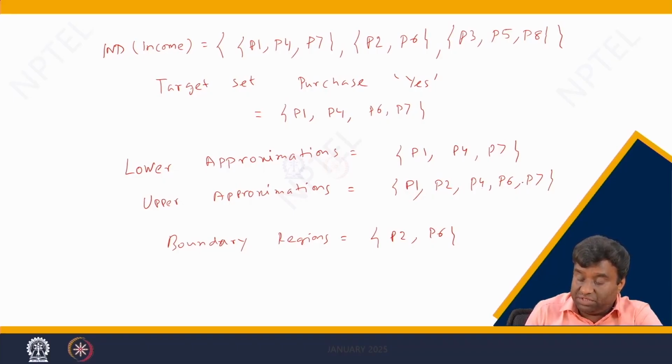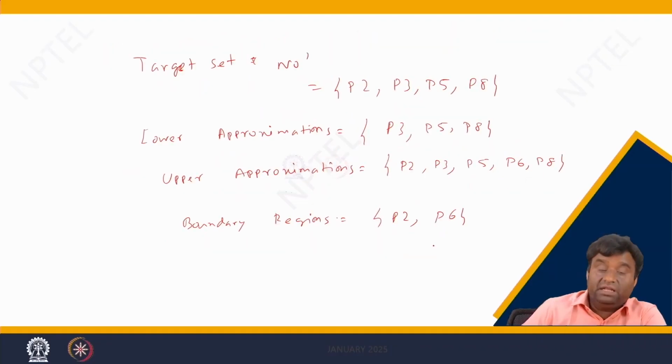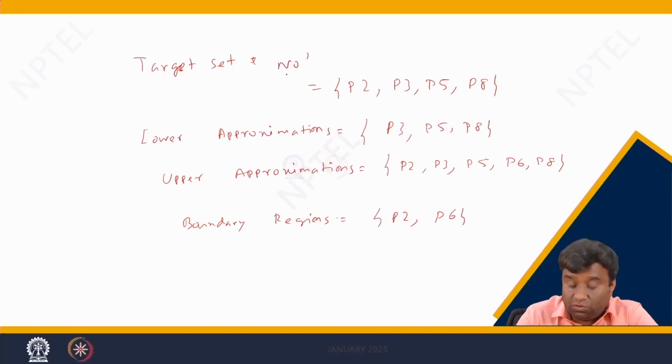Similarly, the target set is no, so that will be P2, P3, P5, P8. The lower approximation is completely a subset, so P3, P5, P8, and the upper approximation is P2, P3, P5, P6 and P8.